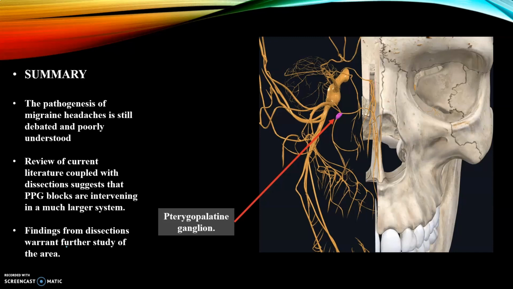As this procedure is gaining popularity and being used more, and especially when talking about injections into the ganglion itself, it is really important to know the area and know the landmarks and the normal relations to help limit the chances of, with injections, possibly damaging surrounding structures or missing the ganglion entirely. So hopefully there will be more research put out on this and I can continue to follow it.